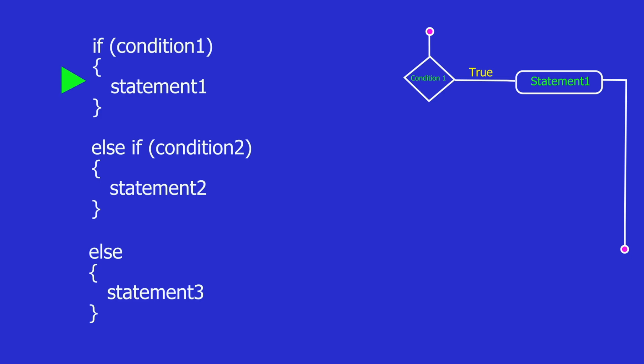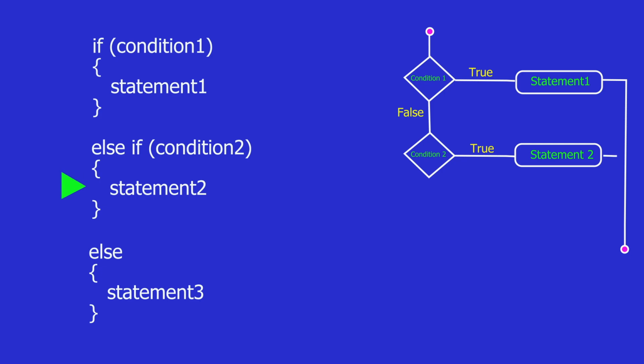If condition 1 is wrong, then it will check condition 2. If condition 2 is true, then it will execute statement 2. If condition 2 is wrong, then it will execute statement 3. Here, any one of the 3 statements will be executed.